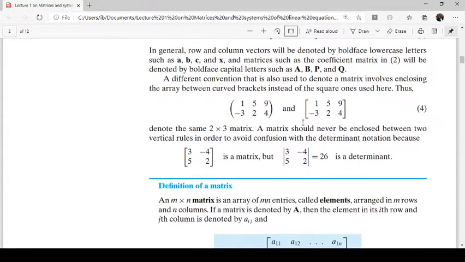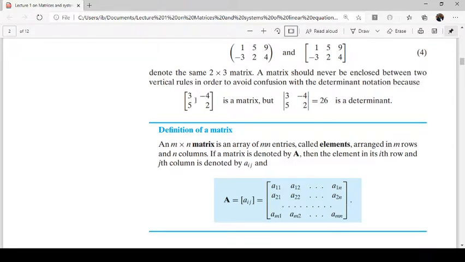We can put a matrix in curved brackets or square brackets, depending on the textbook you use. When we have a matrix, we put it in bracket form. But when we have an enclosure in straight vertical lines, what we are talking about is the determinant of that matrix.